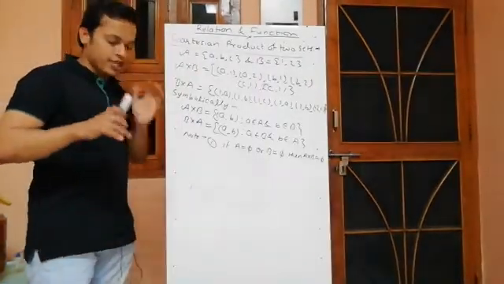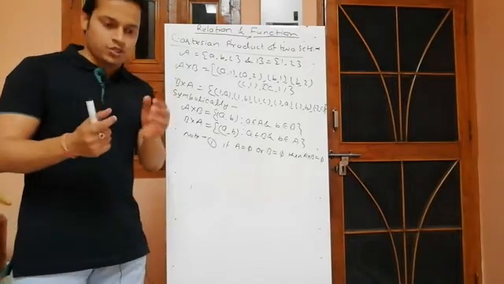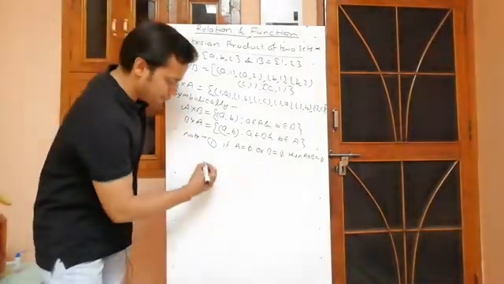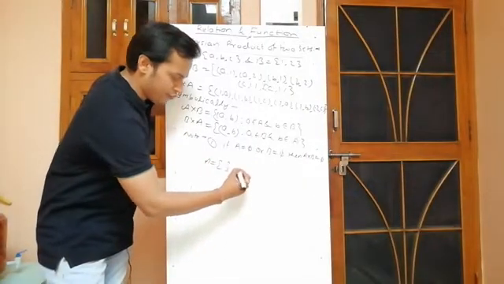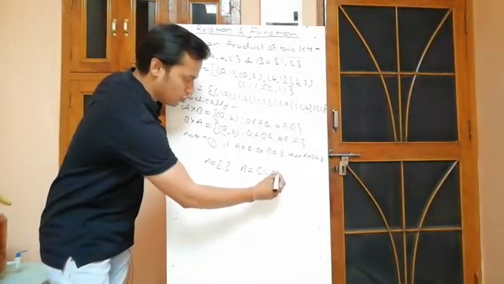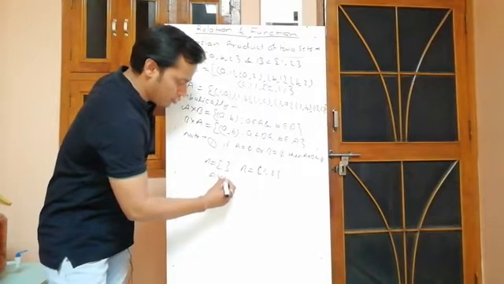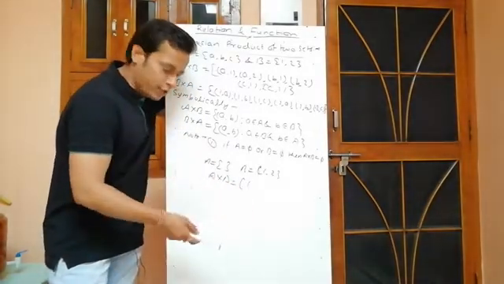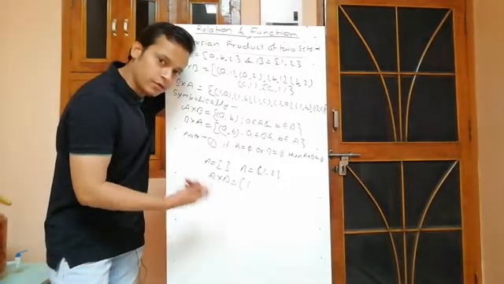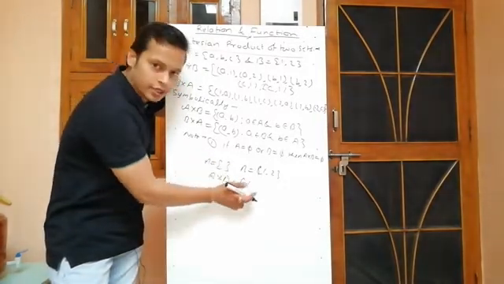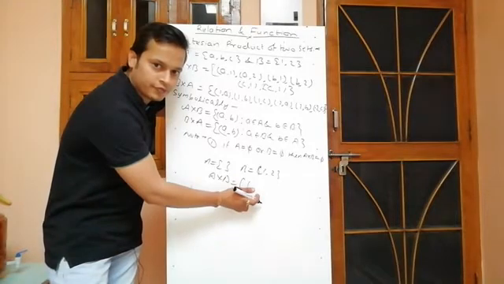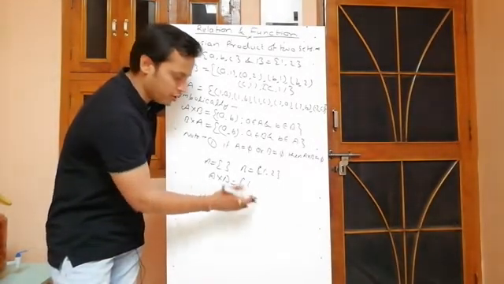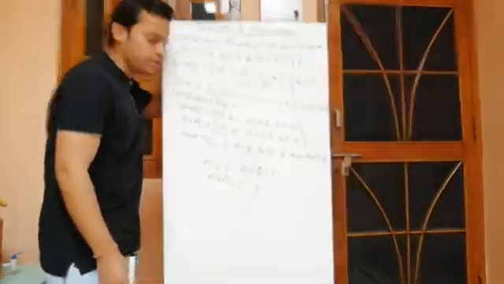For example, suppose A is phi and B is {1, 2}. Now, how to make A cross B? It is the set of all ordered pairs whose first element belongs to A and second belongs to B. Now, there is no element in A. How can you put any first element? So it means we can't make any ordered pair. So again this remains empty. So A cross B is phi.